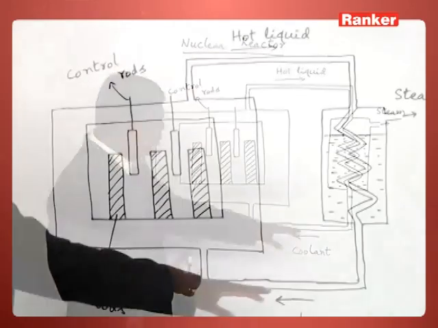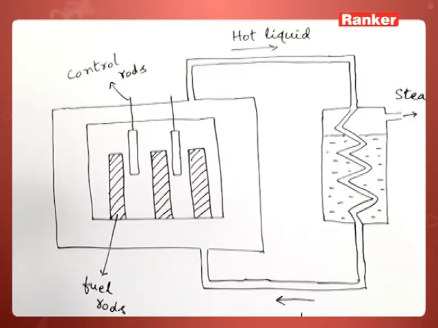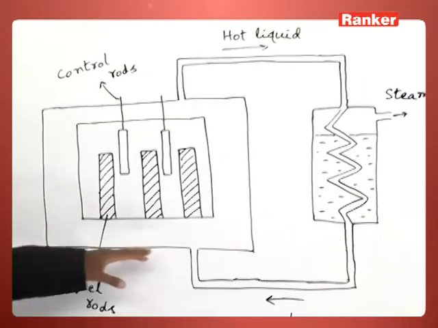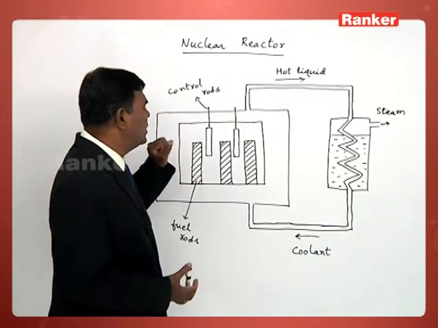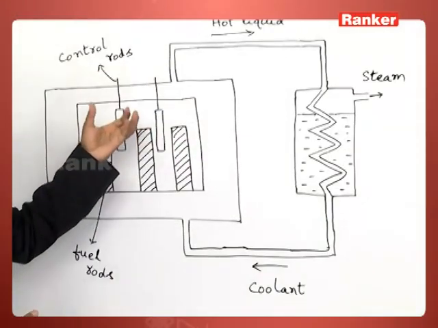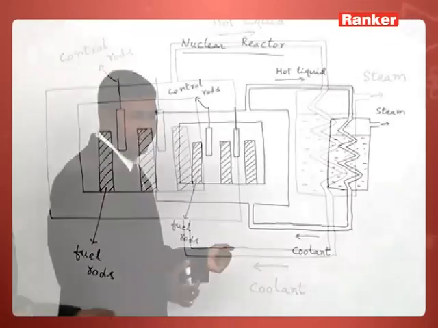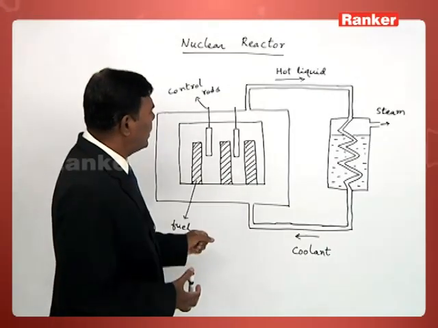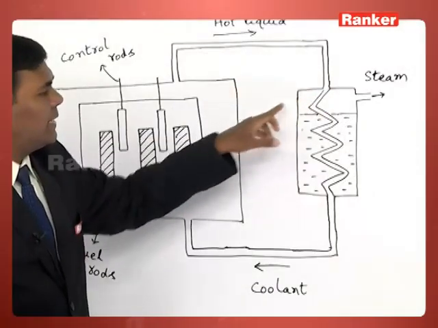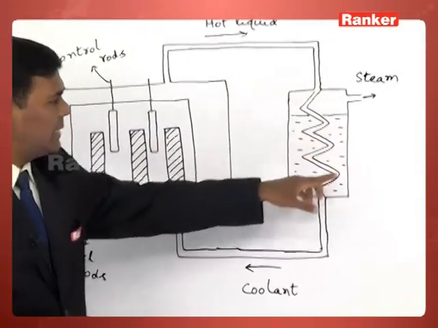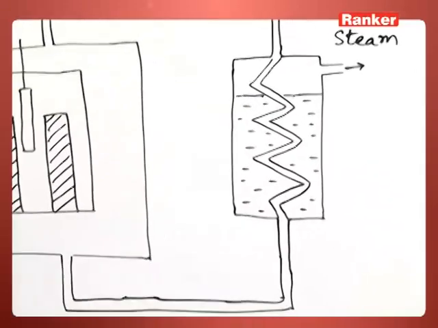At that time, the cooling system, molten metal or water, is sent into the core of the reactor, and the excess heat within the core is absorbed by the coolant. It becomes very hot, and that hot liquid is sent into a heat exchanger. This is known as the heat exchanger, which consists of water.